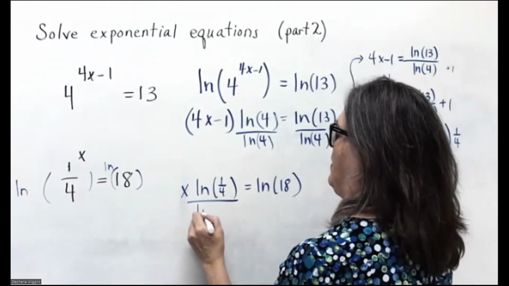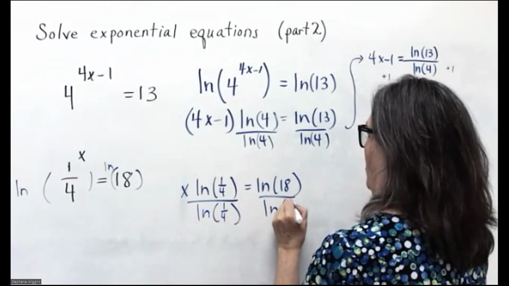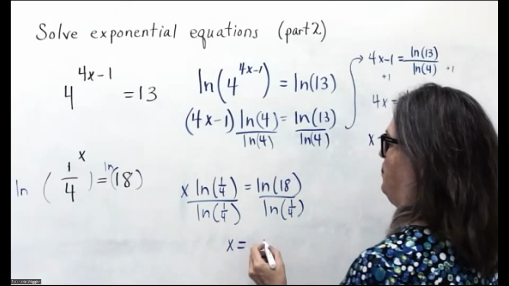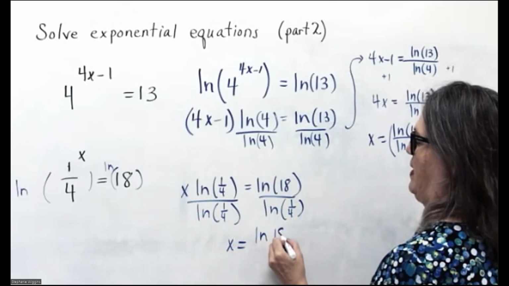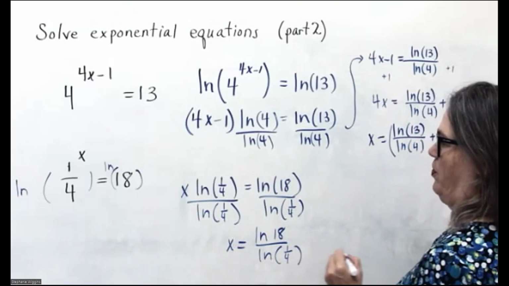Now I just divide by the natural log of 1/4, and I get x is equal to the natural log of 18 over the natural log of 1/4.